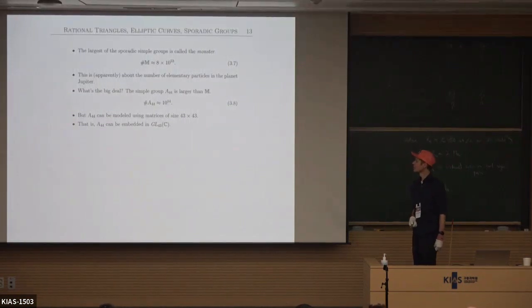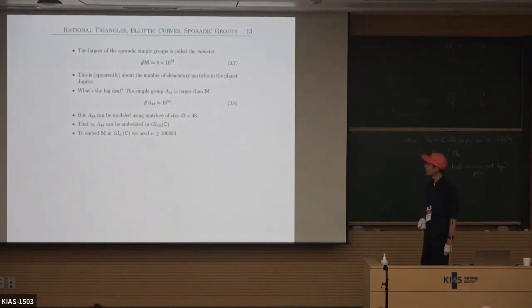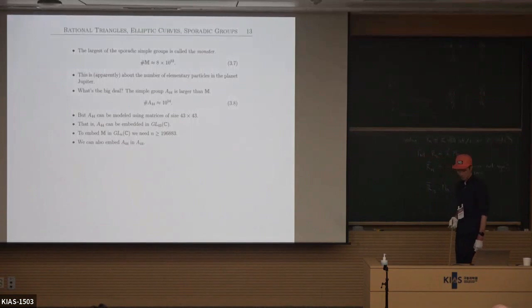So, you know, for a group that large, we can model it with matrices that are relatively small. To fit the monster into GL_n for some n, that n needs to be at least 196,883. Even better, A44 is permutations of 44 points.